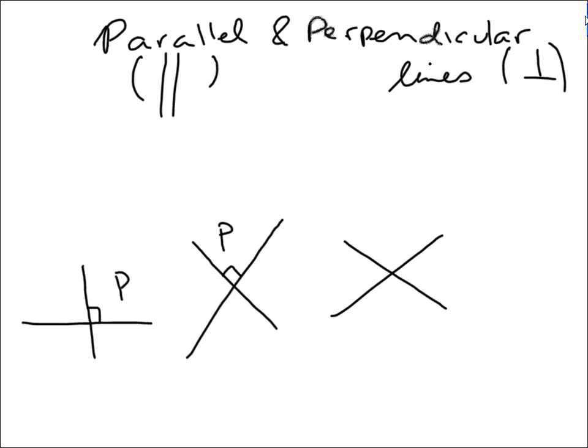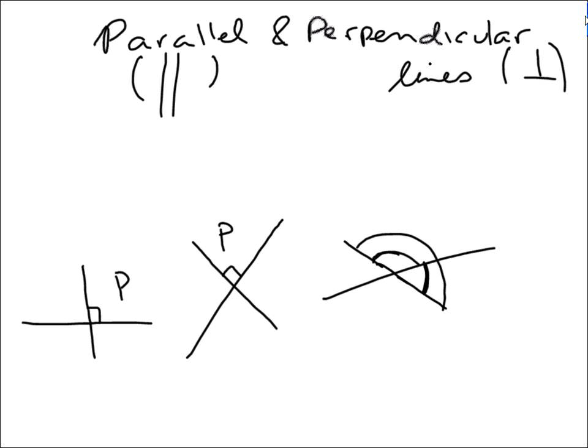These two lines are not perpendicular because this is not a right angle. If you want to see it a bit more clearly, hope it's clear that that's not a right angle. If that's not a right angle, then this can't be, because these two add up to 180.